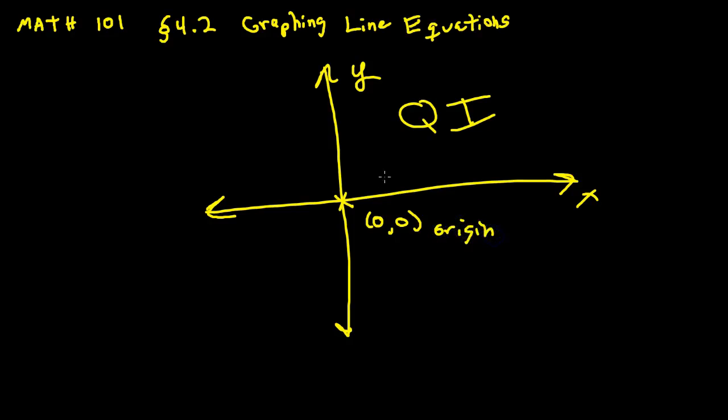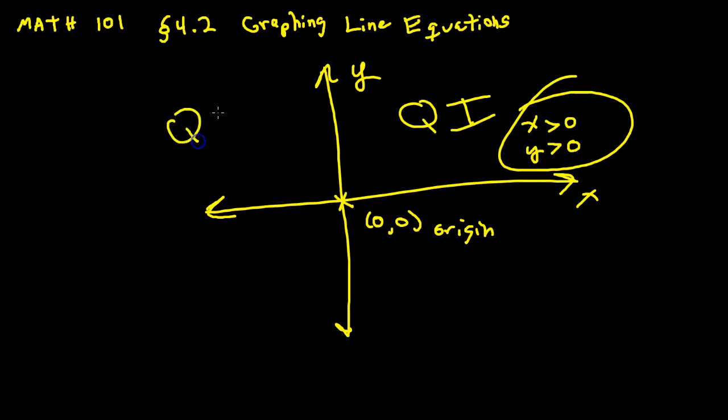Thus, if you're right of the y-axis, your x values are positive, and if you're above the x-axis, your y values are also positive. So in the first quadrant, x values and y values are both positive. And we label these in an ascending counterclockwise fashion, as you might recall.